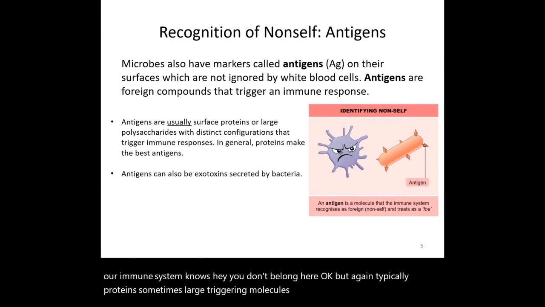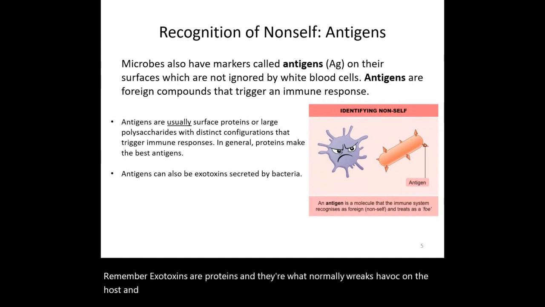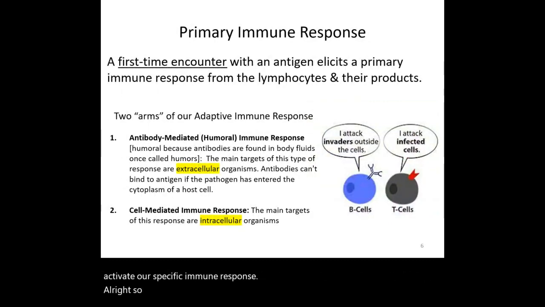Other common ones are exotoxins, because remember, exotoxins are proteins, and they are what normally actually wreaks havoc on the host. And so if the body detects an exotoxin, that is a very quick way to activate our specific immune response.